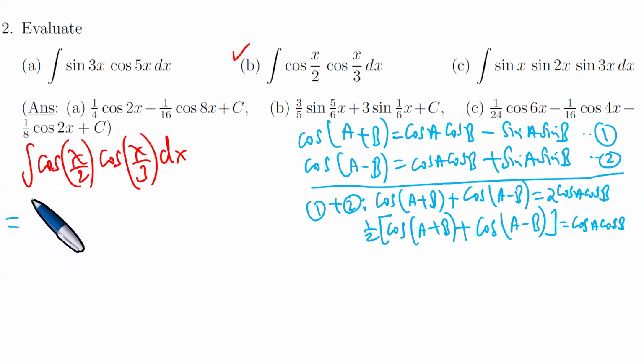In the exam, you write 1/2, then the cosine of the sum, you add the two angles up.